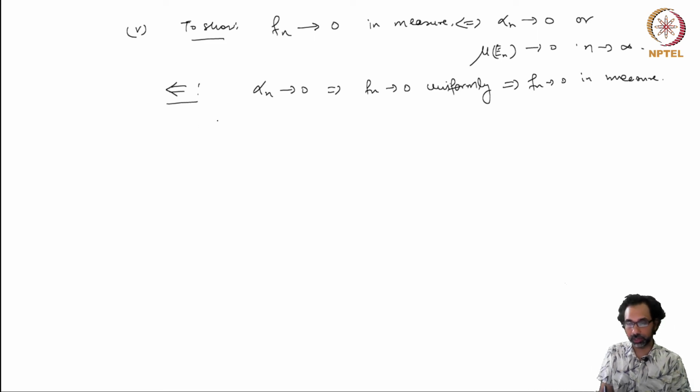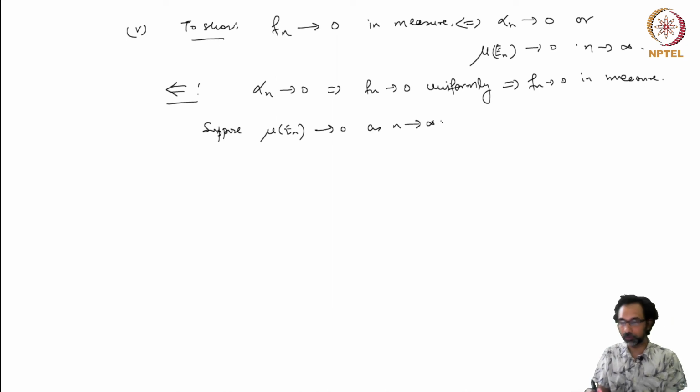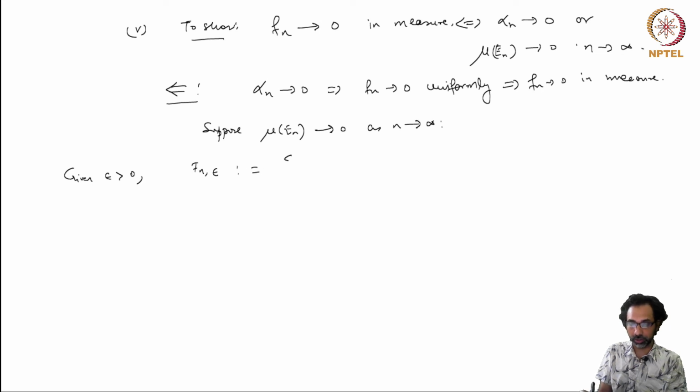So suppose rather that the width goes to 0 as n goes to infinity, and in this case, given epsilon greater than 0, we set Fn epsilon to be the set of points such that the modulus of Fn(x) is greater than or equal to epsilon.